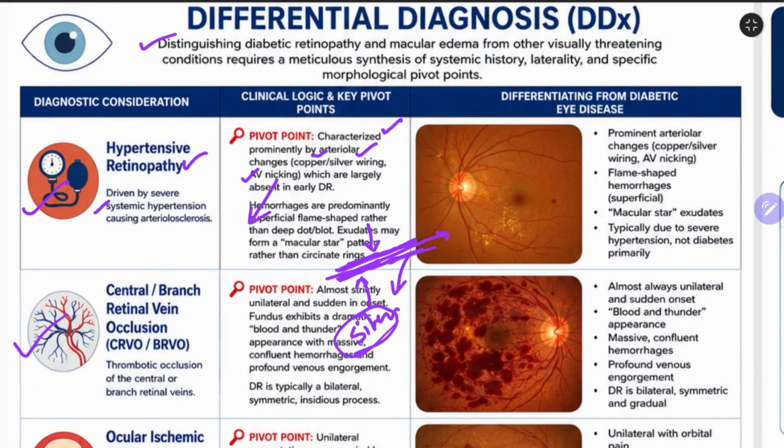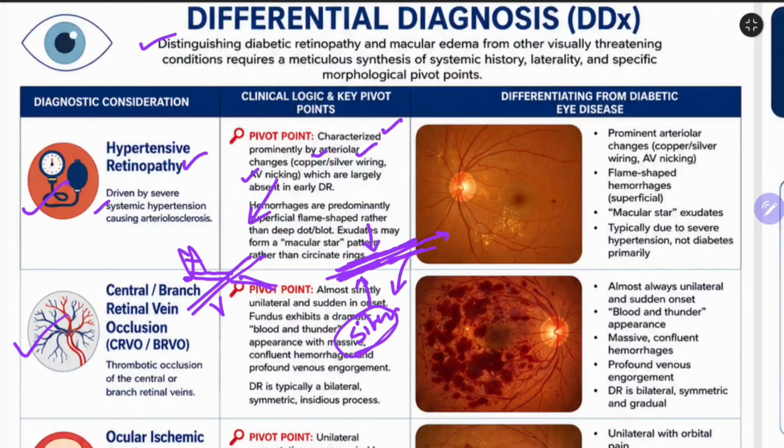The second thing is AV nicking. What is AV nicking? Normally, wherever there is a crossover of artery and vein, suppose this is the artery and this is the vein, there is no pressing of the vein by the artery.